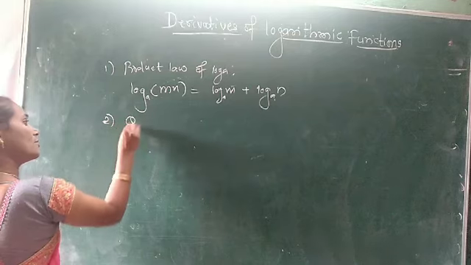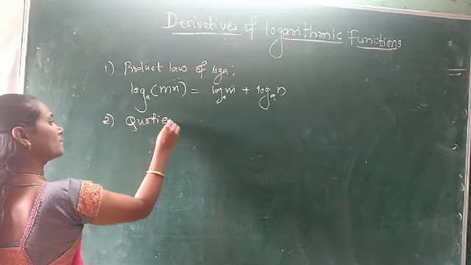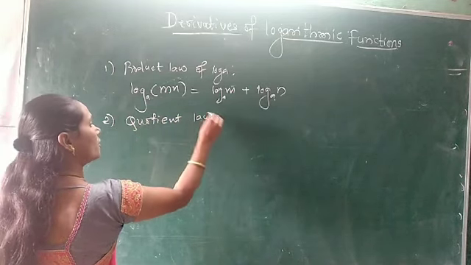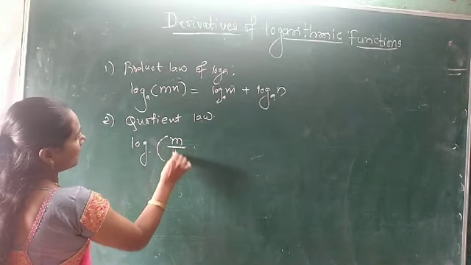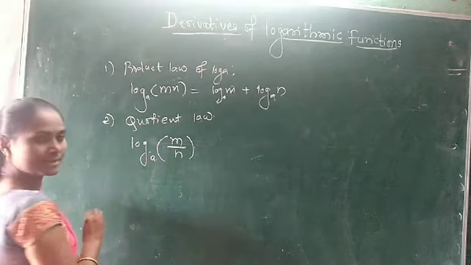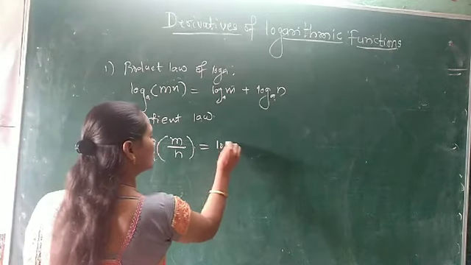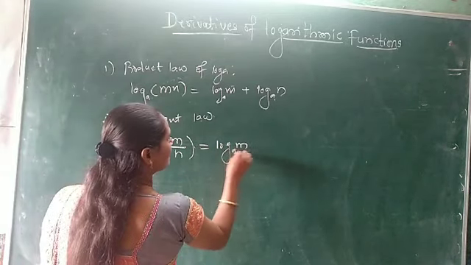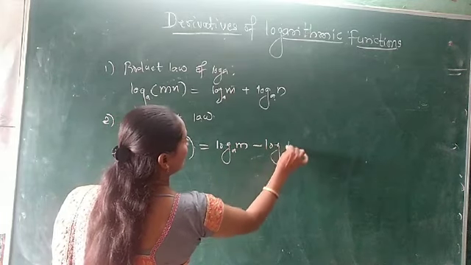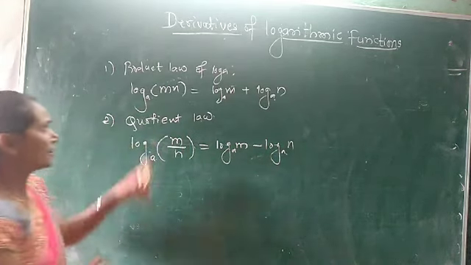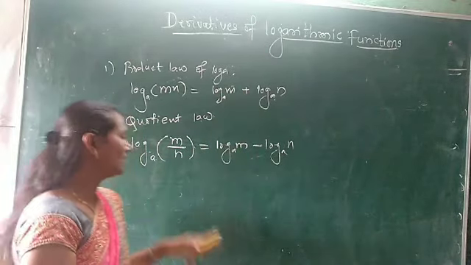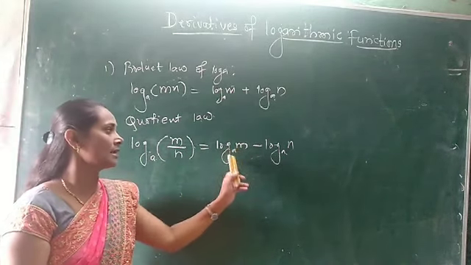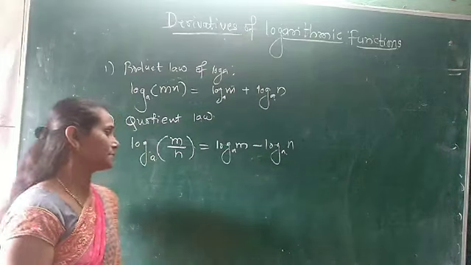Second one, the quotient law of logarithm. Log m upon n with base a is equal to log m with base a minus log n with base a. If there is multiplication, then in logarithm there is addition, and if there is division, then in logarithm there is subtraction.